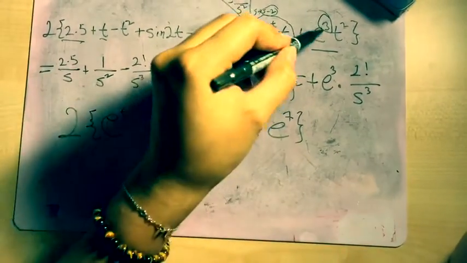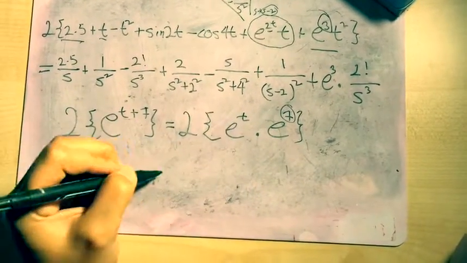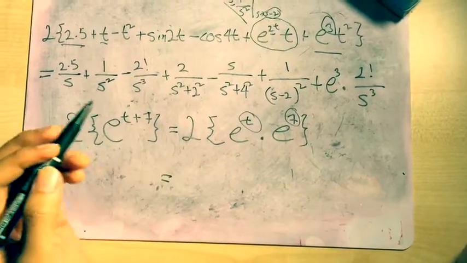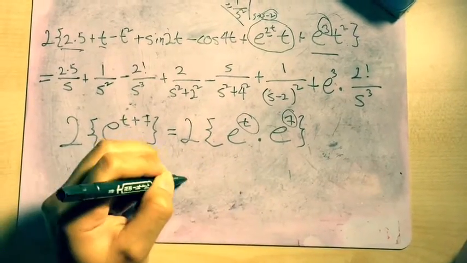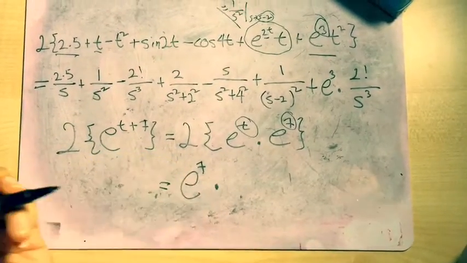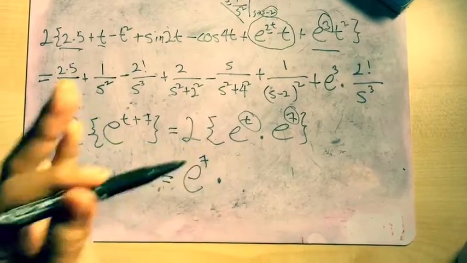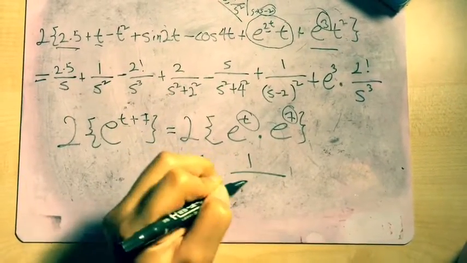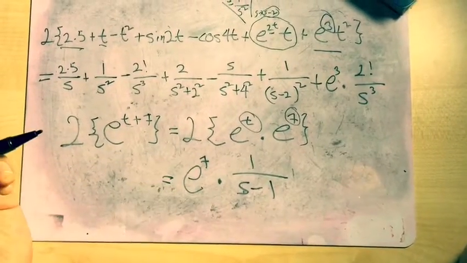So just like this earlier on, it doesn't have any shift. So how we solve this is we take the one without shift, that would times e to the t, which is in the table, it is 1 over s minus 1, which will give you this.